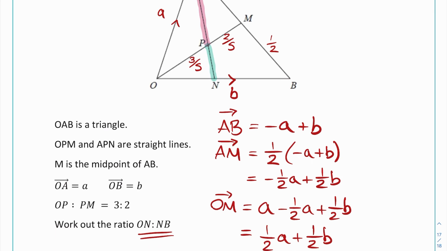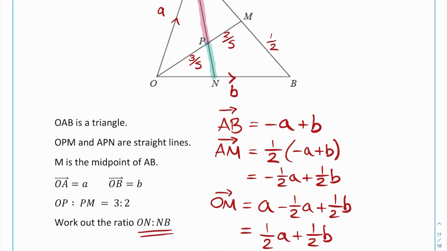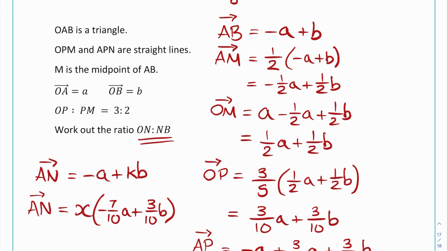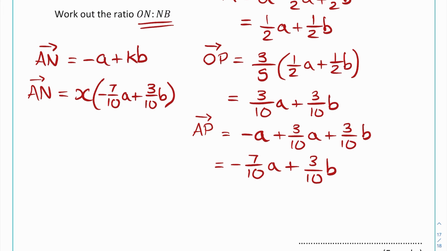And of course, once we know how to get from A to N, we can think about the actual ratio of that line. So if we actually make a comparison here, let's think about what we have. Now if we were to expand this bracket for A to N, that would be minus 7/10 xa plus 3/10 xb.